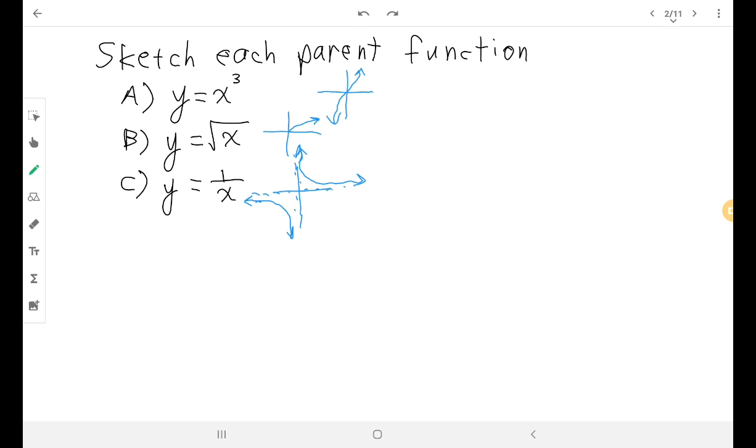So those are some of our parent functions. We have others. You can do the parent function p of x equals x squared, which looks approximately like that. There's a parent function absolute value of x, which looks like that.